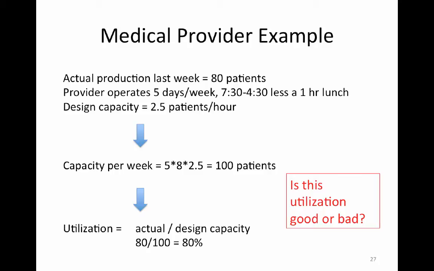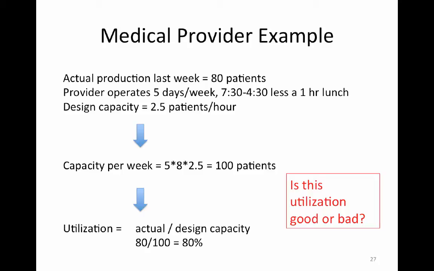Here's just a medical provider example. Let's start here at the top. We have this actual production last week of 80 patients. So this is what a medical provider actually saw. The provider operates 5 days per week over a 9-hour day, but then they lose an hour for lunch, so really they're operating for 8 hours.